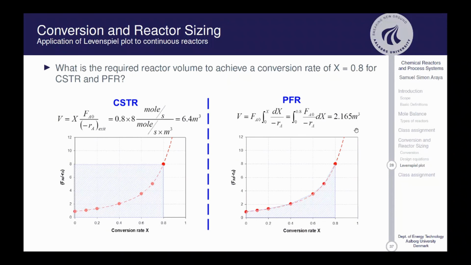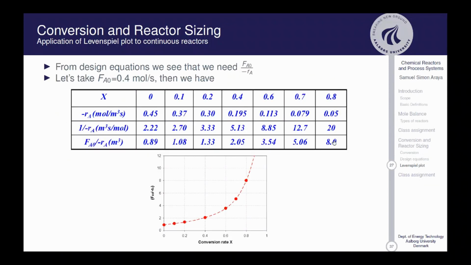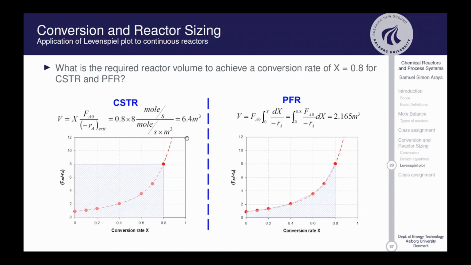And this actually clarifies why we get smaller volumes for the same conversion for plug flow reactors compared to continuously stirred tank reactors. You can see that for the same conversion, which is 0.8, which we took from here, we get 6.4 cubic meters of reactor volume for CSTR, but we only get 2 cubic meters of volume for a PFR.